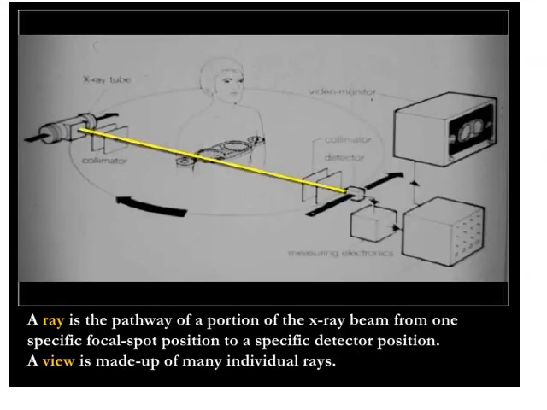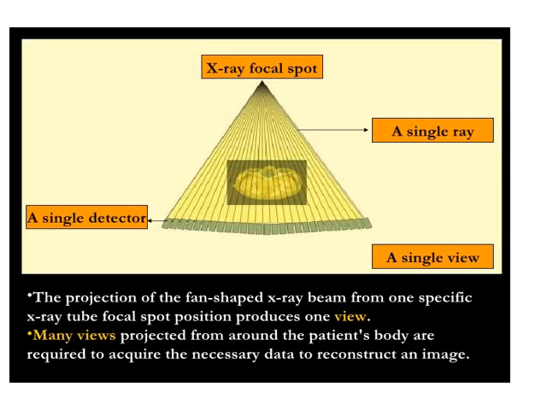And this is the block diagram. It is explained by a single ray. A ray is the pathway of a portion of the X-ray beam from one specific focal spot position to a specific detector position. A view is made up of many individual rays. The X-ray tube is rotated around the patient's body. Many views projected from around the patient's body are required to acquire the necessary data to reconstruct an image.